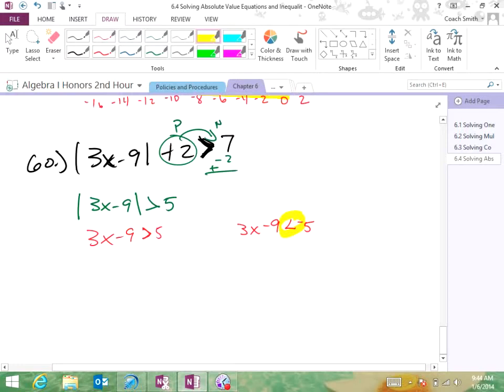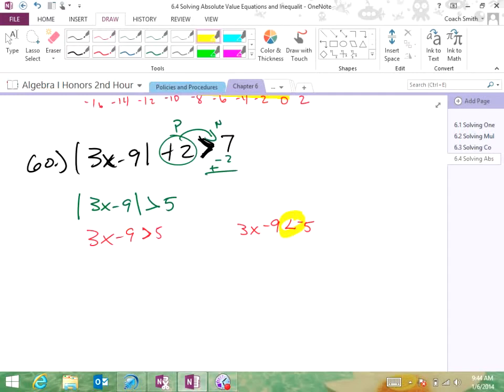That you reverse the inequality sign and you do the opposite of the number over there. Now, obviously, on an inequality, the number that's by itself can obviously be a negative. Okay? When it's like this. Okay? Because you got another number there besides just the absolute value. Okay? All right.